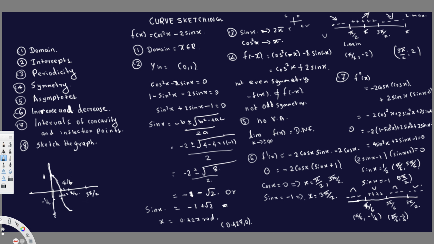So here it should be negative 2, starting to increase. Until positive 2, it's going, because until 3π by 2 it's increasing. This is positive 2, so it's going to be until this point. It's increasing, and we are going to have an inflection point.